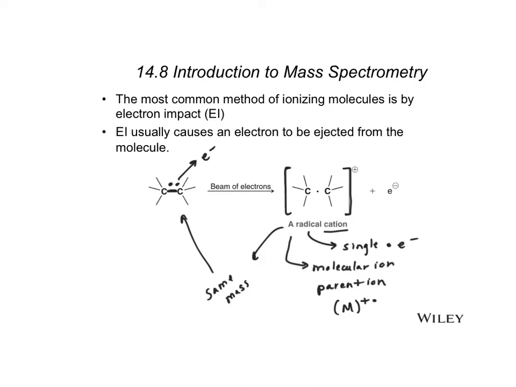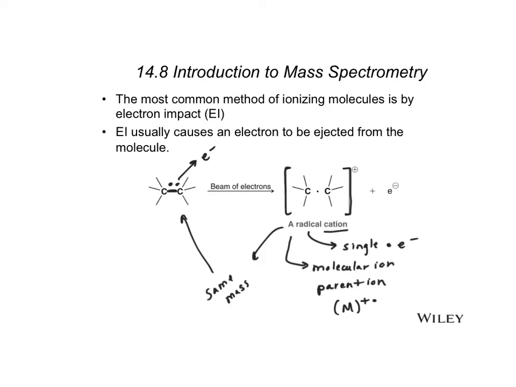Okay, so this little guy, how stable do you think it is? Looking at this radical cation, we've got a bond that was a bond, now just has a single unpaired electron. How stable do you think this molecule is? Very unstable. Fairly unstable. Depending on the type of radical cation you form, it depends on the stability. But this guy is also going to undergo what's called further fragmentation.